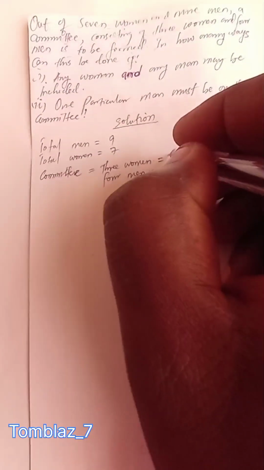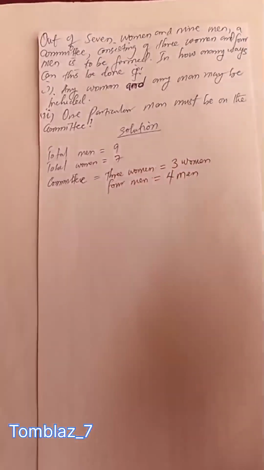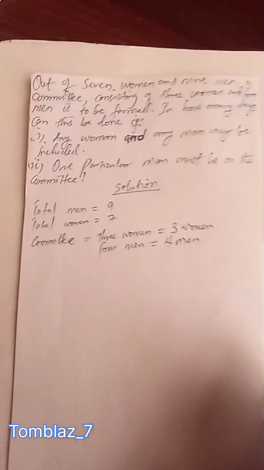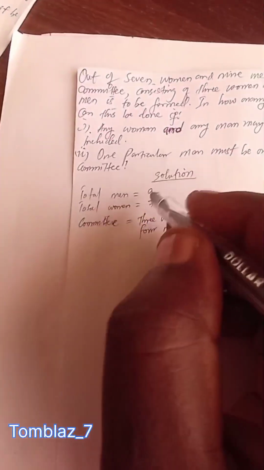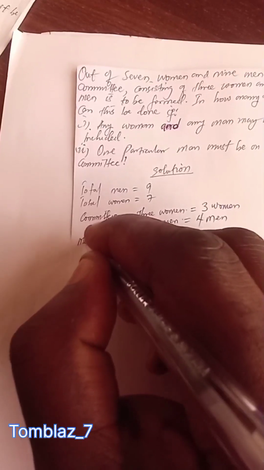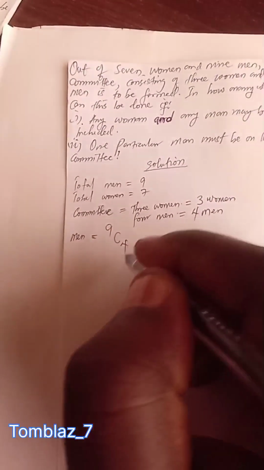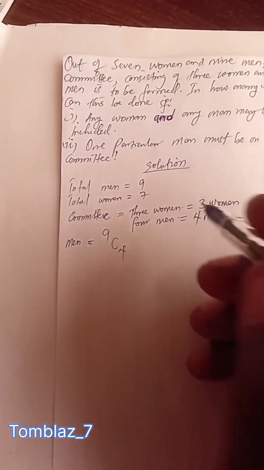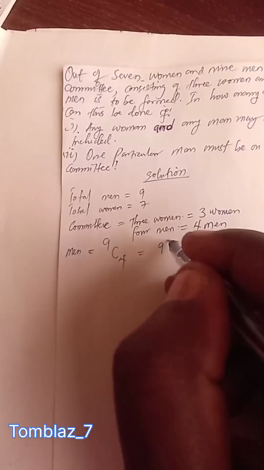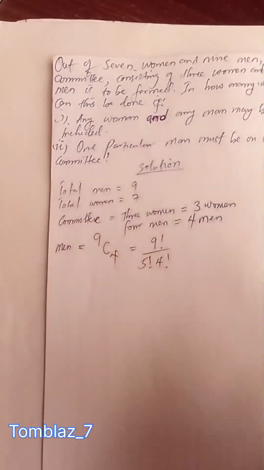Out of a total of 7 women, we should find what? 3 women to be added in the committee. So this is as easy as the first value. So for men now, it will be 9 combination 4, right? So with the 9 combination 4, we just have 9 factorial all over 5 factorial 4 factorial.